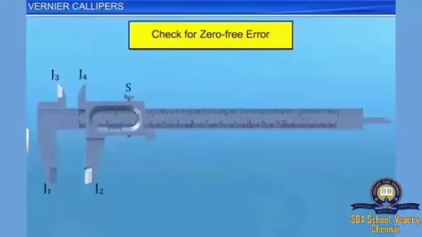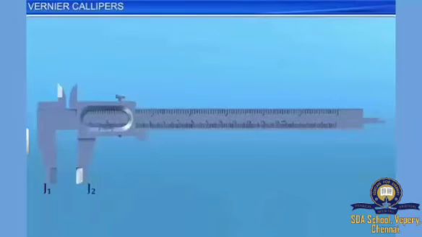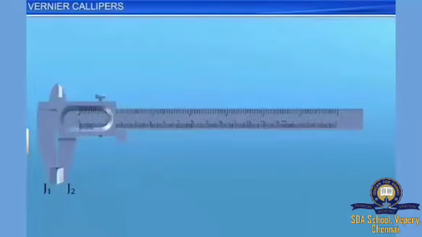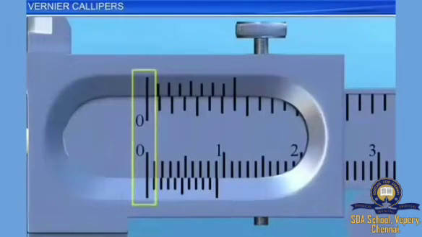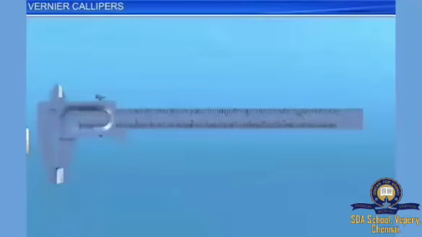Now let us learn about zero errors in the vernier caliper. You need to check whether the instrument is error free. Bring the two external jaws J1 and J2 in contact. If the zero of the main scale coincides with the zero of the vernier scale, then the vernier caliper is free from error.